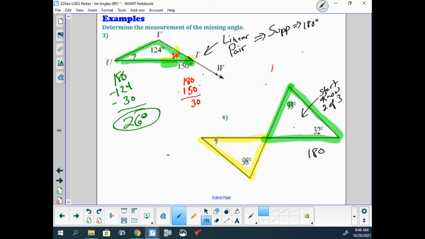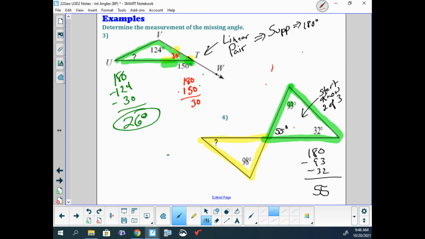So we'll take 180 minus 93 minus 32. 180 minus 93 minus 32 is 55. So the third angle in the green triangle is 55.